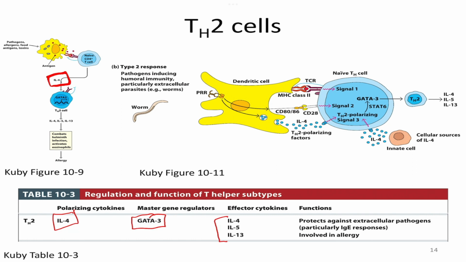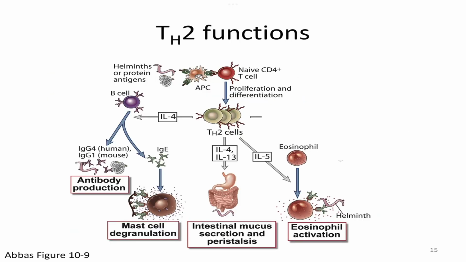So now we're not going to have activation of macrophages. Instead, these cells are going to do a number of different things. One big thing that we're going to see is some production of IgE from B cells in order to induce mast cell degranulation.